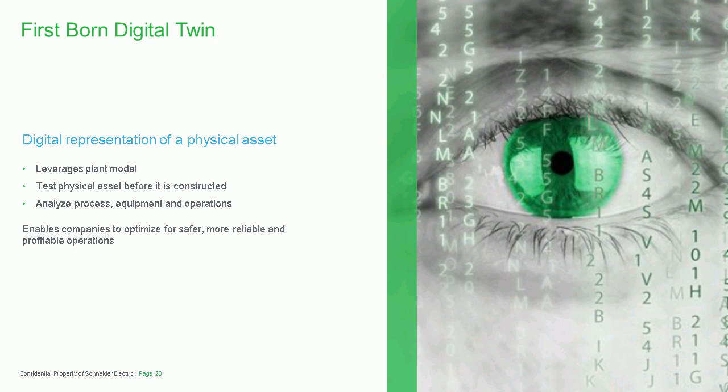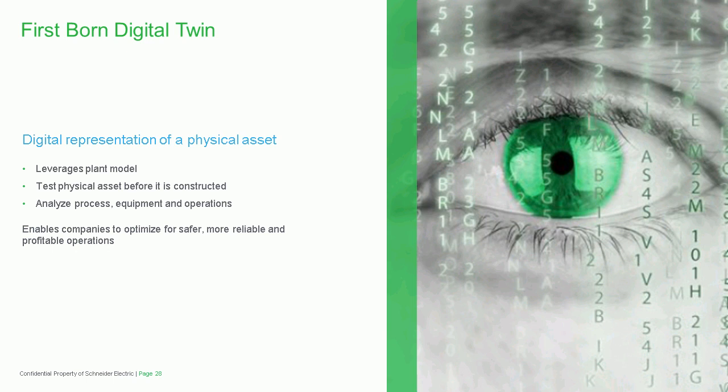So I'll start with this notion of the digital twin. This is very germane to the discussion that we had around assets and asset performance. The concept of a digital twin is that it's a digital representation of the asset that captures its operating parameters and provides a digital view, if you will, of the operating asset.